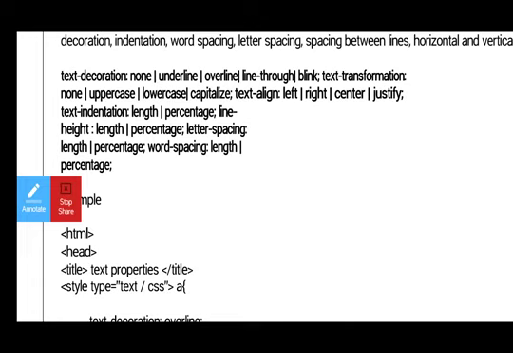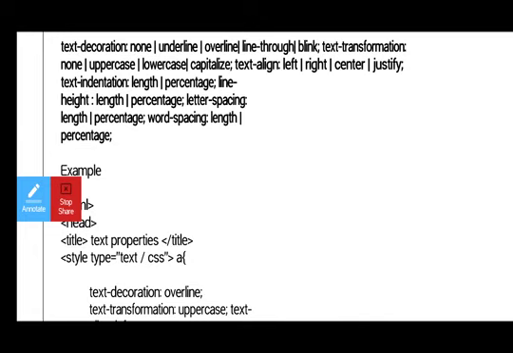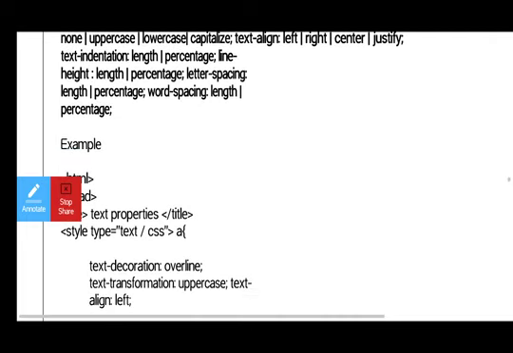In the text decoration, we have underline, overline, line through, and blink. In text transformation, we have uppercase, lowercase, and capitalize. In the text alignment, we have left, right, center, and justify. In the text indentation, we have the length or percentage, line height. So we have length and percentage. Like this, in the letter spacing also and the word spacing also, we have the length or percentage.